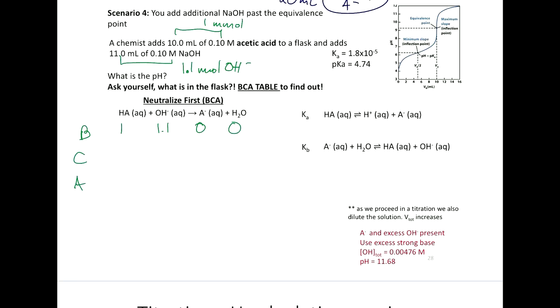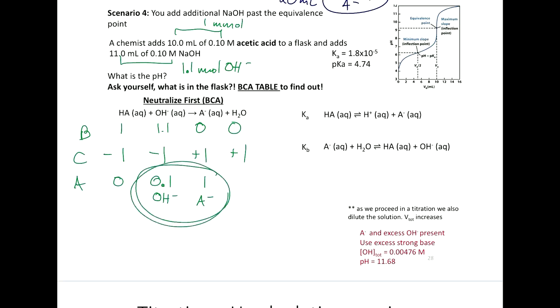Yeah, HA. So minus what? 1. Minus 1, plus 1, plus 1. So after this reaction has neutralized, I have 0 HA. I have 0.1 millimoles of hydroxide. I have 1 millimole of A minus, and I have water.